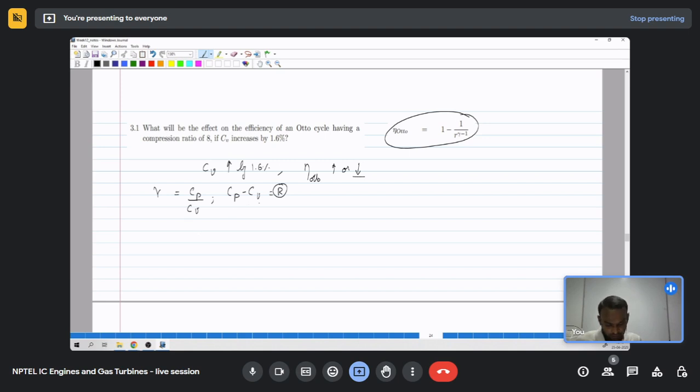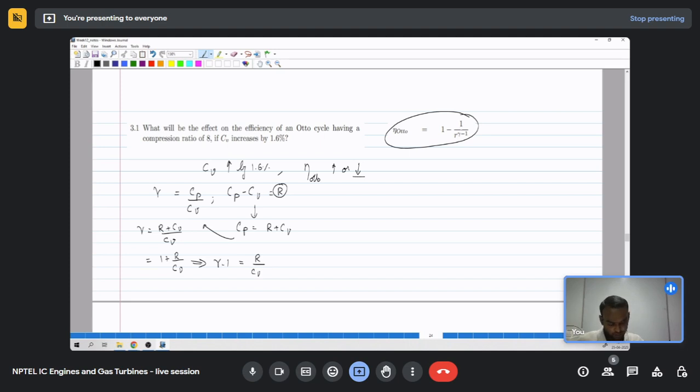With this, from here I can write Cp is equal to R plus Cv. Then putting in this equation I would get gamma is equal to (R plus Cv) by Cv, that is 1 plus R by Cv, which implies gamma minus 1 is equal to R by Cv.